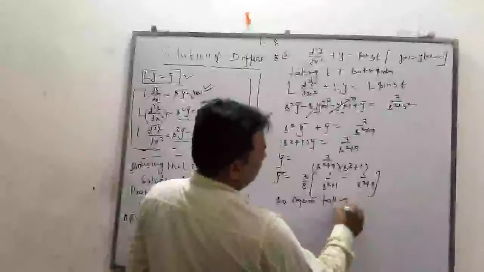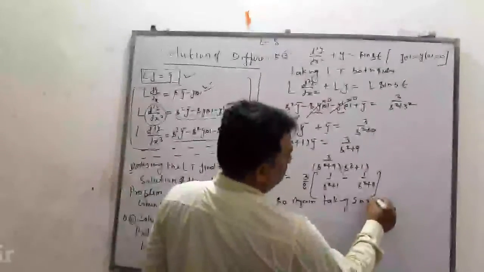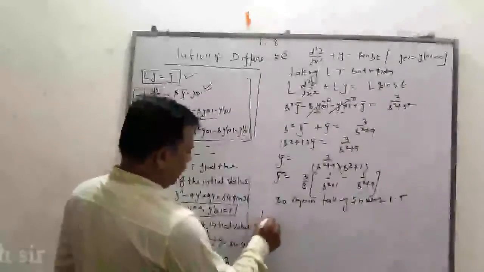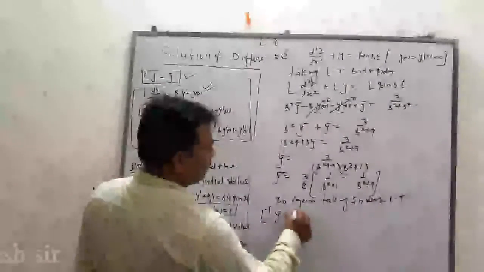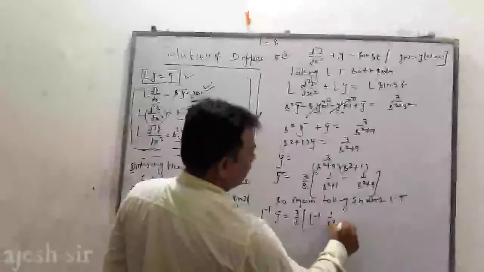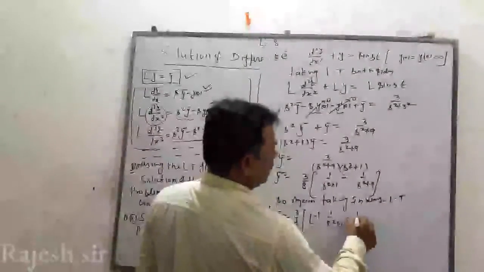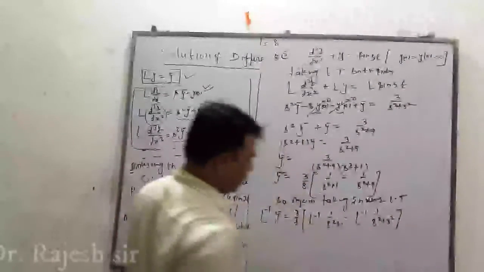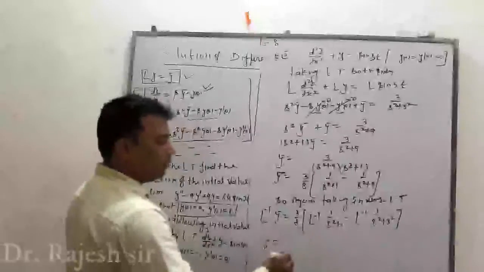So again taking inverse Laplace transform. Laplace inverse of y bar equals 3 by 8, Laplace inverse of 1 upon s square plus 1 minus Laplace inverse of 1 upon s square plus 3 square. This is the value of y.